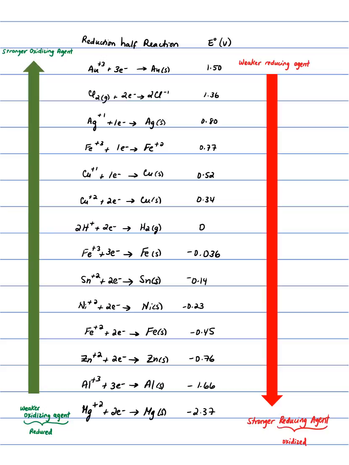So things with a very positive potential actually want to get negative charge. Things with a very negative potential want to give negative charge away. If you need potentials for any possible calculations, you can use this table. If you're given them, then you can use the potentials that you have been given.